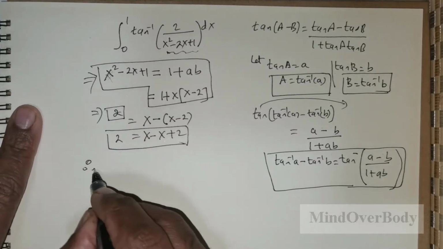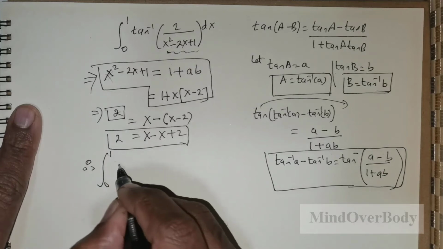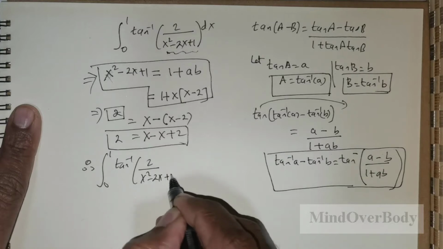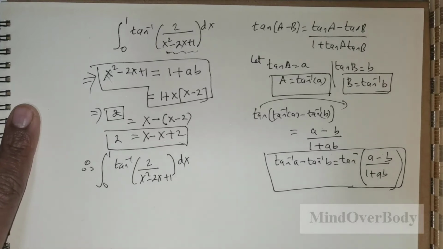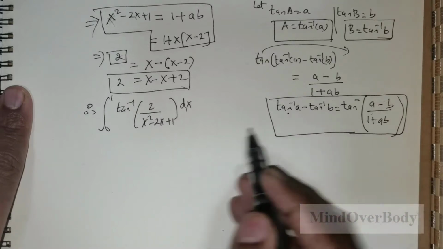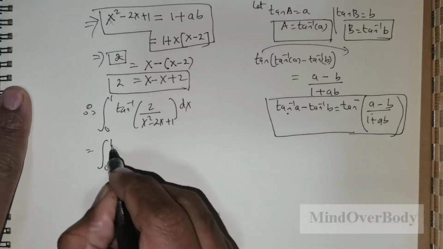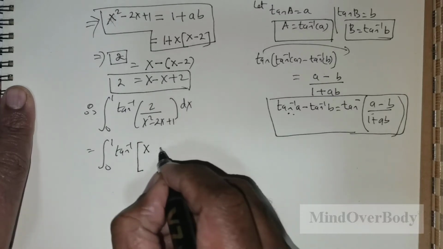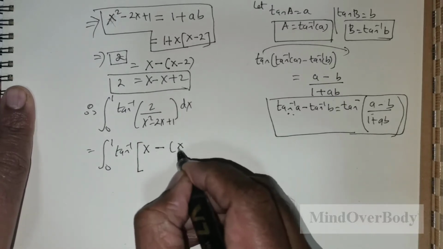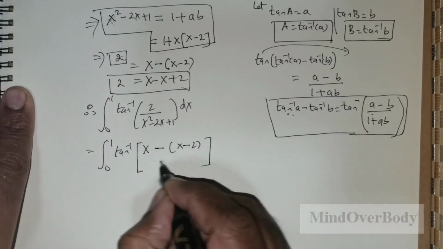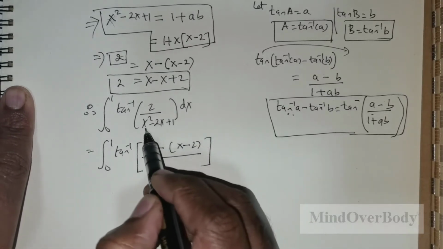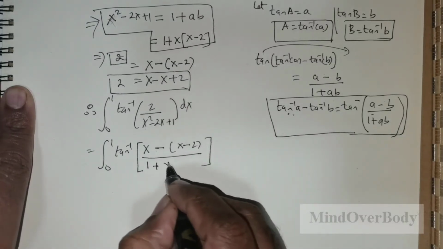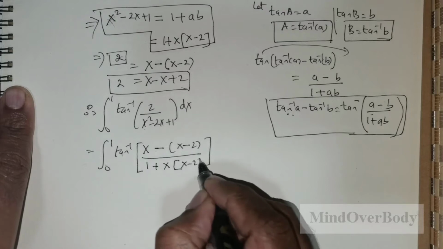So therefore the integral from 0 to 1 of tan inverse of 2 over (x squared negative 2x positive 1) times dx can be rewritten as the integral from 0 to 1 of tan inverse of, in place of 2, I would write x negative (x negative 2), divided by, in the place of x squared negative 2x positive 1, I will rewrite it as 1 positive x times (x negative 2).